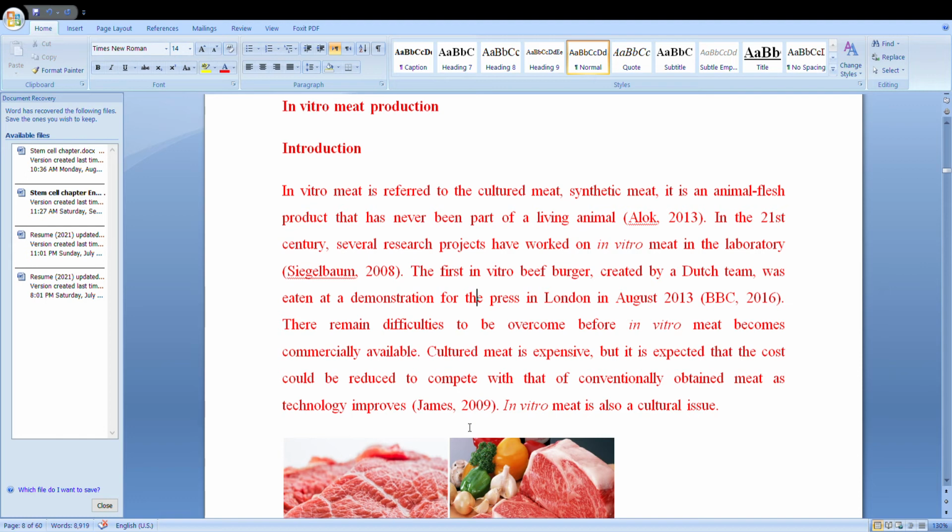There remain difficulties to overcome before in vitro meat becomes commercially available. Cultured meat is expensive, but it is expected that the cost would be reduced to compete with that of conventionally obtained meat as technology improves. Jabs 2009. In vitro meat is also a cultural issue.